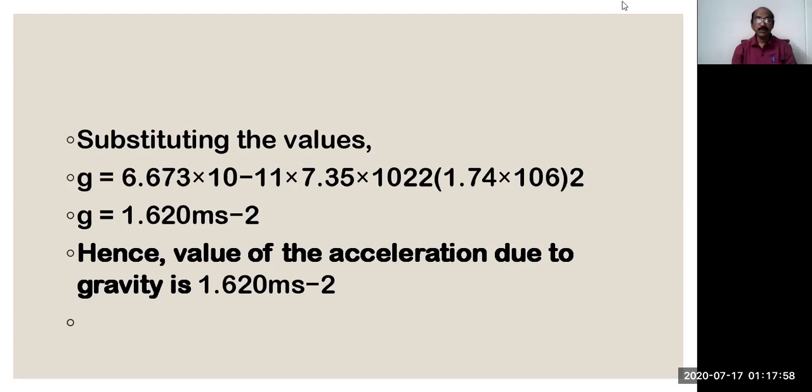The time taken by the body to reach the maximum height is called time of ascent. After the body reaches the maximum height, its velocity becomes 0 and it does not advance further in the upward direction.